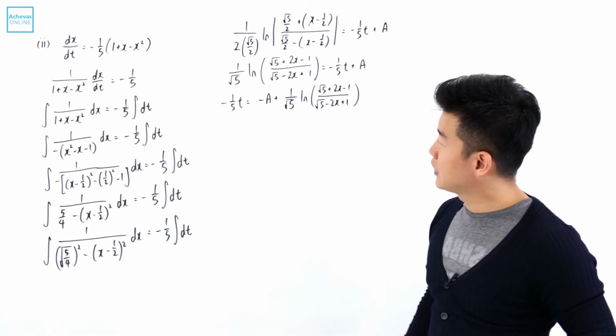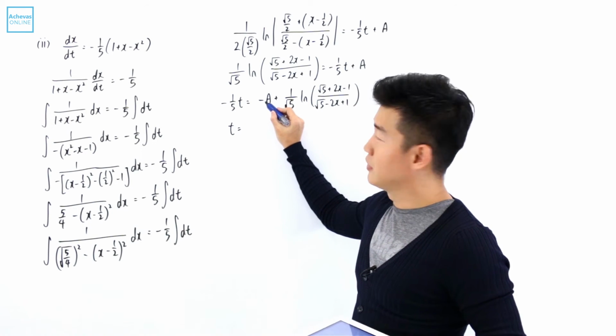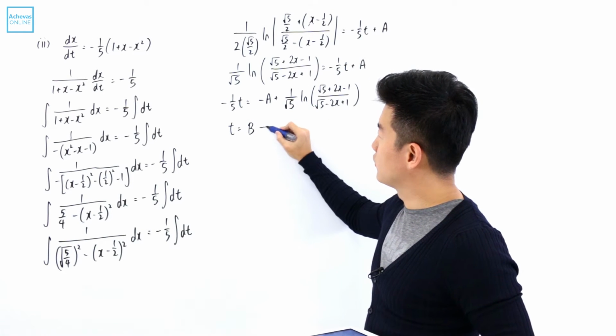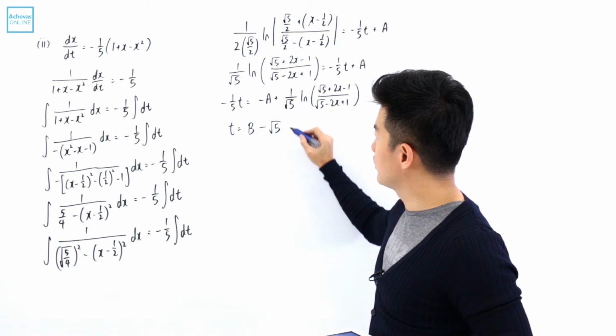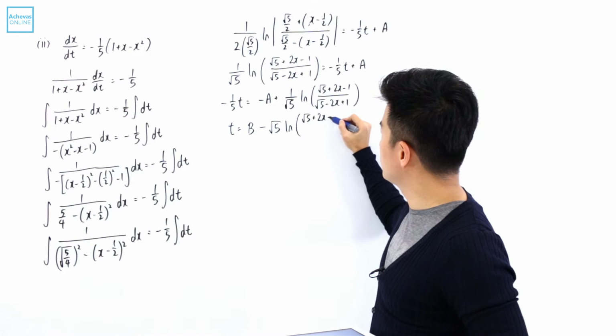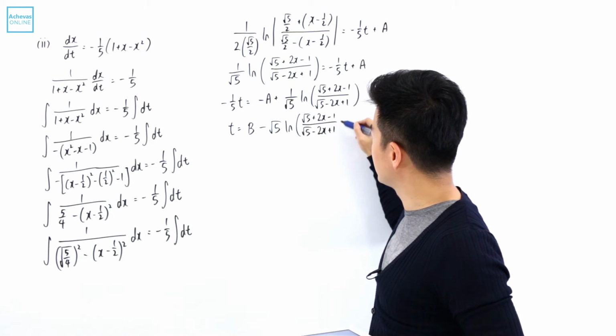Multiplying minus 5 over to the other side, t is going to be positive 5a, which I'm going to call b. Then multiplying this by minus 5 over square root of 5, it is simply minus square root of 5 times ln of (square root of 5 plus 2x minus 1) divided by (square root of 5 minus 2x plus 1).